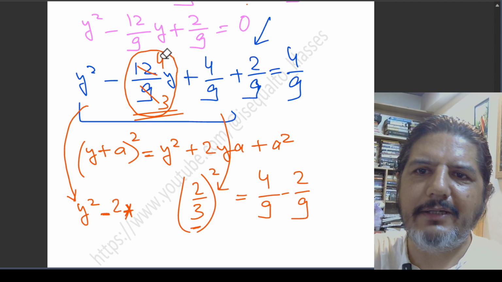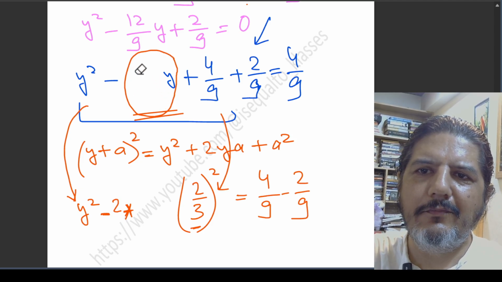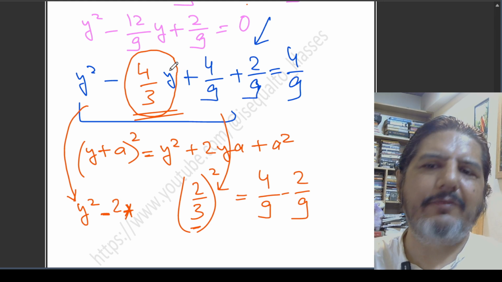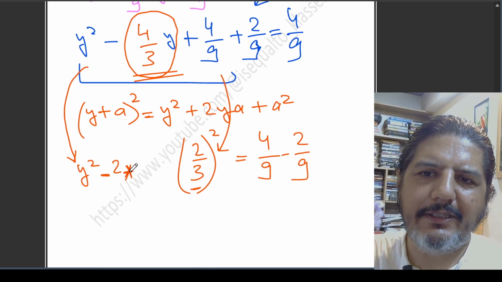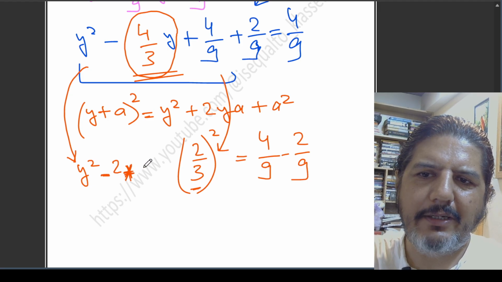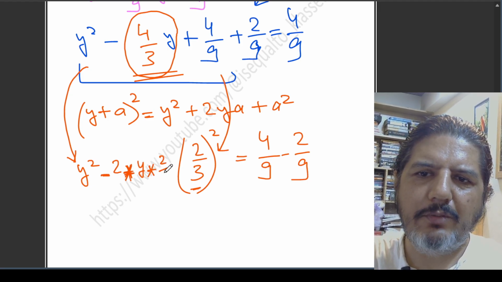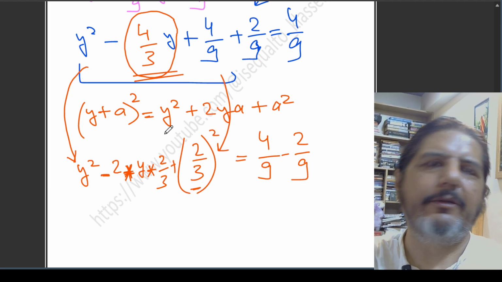So, let me write this as 4 by 3. This will simplify the matters to a great extent. So this 4 by 3 can now be written as 2 multiplied by y multiplied by 2 upon 3 plus 2 by 3 whole square.